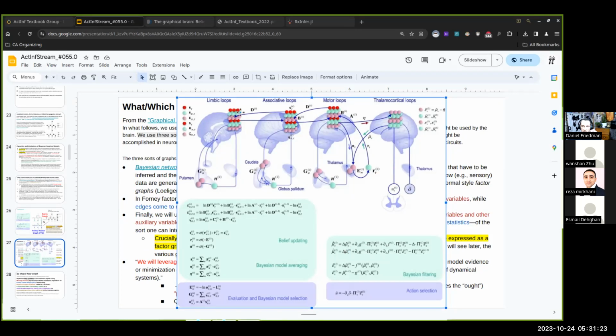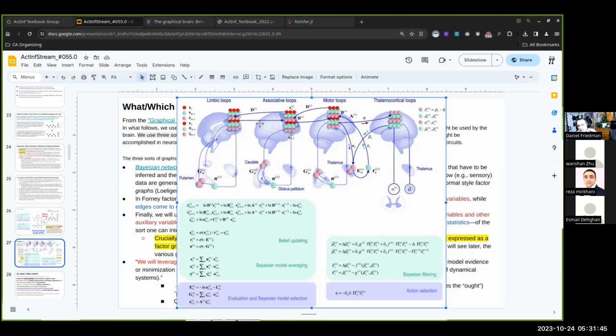We have that prefrontal stack. Here we have a policy and a G. And then ultimately a descent into the spinal arc.